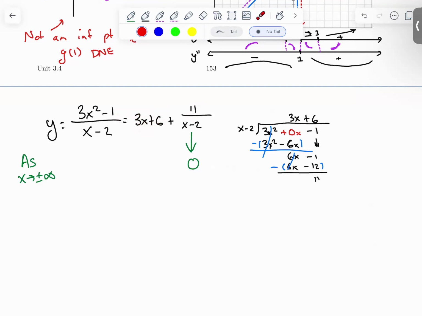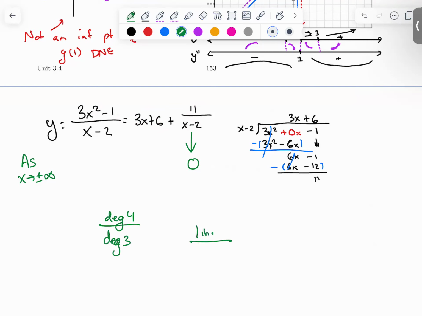And that's true as long as it follows the rule of degree in the numerator being exactly one more. Even if it's a degree 4 divided by a degree 3, when you do the long division, you will get a linear term plus a constant divided by your degree 3 divisor. I guarantee it.